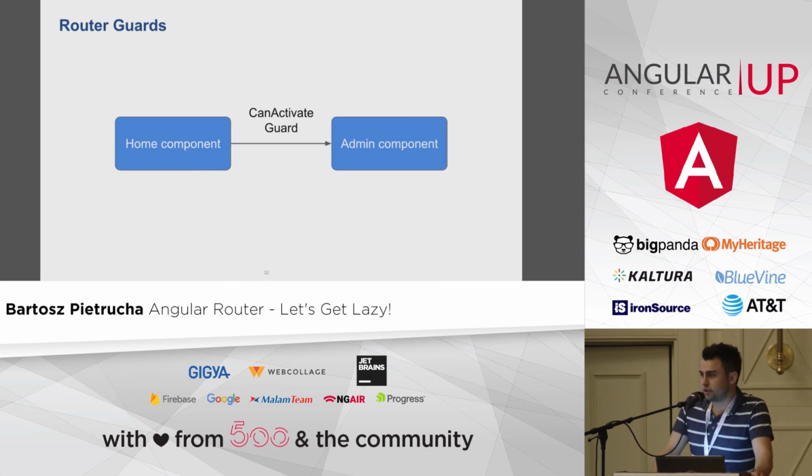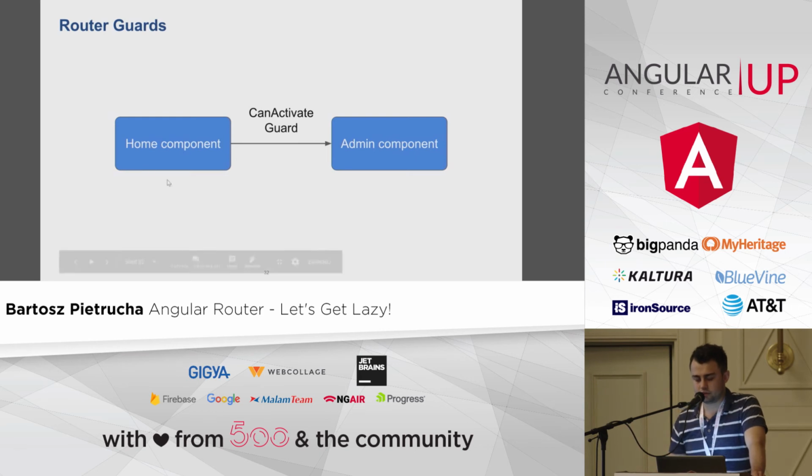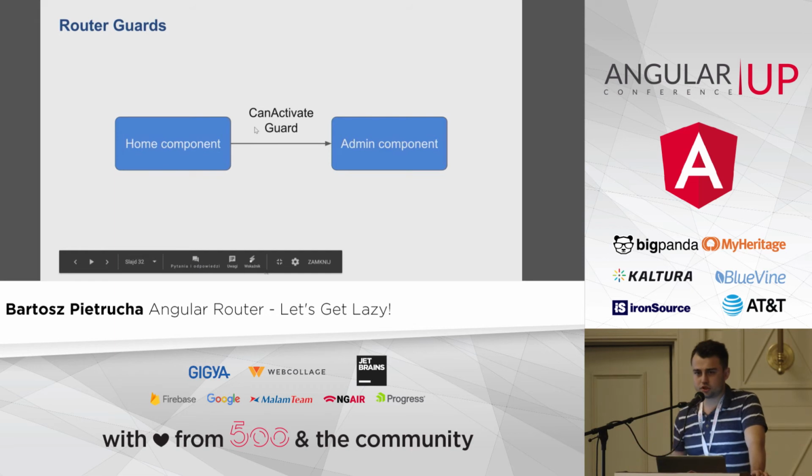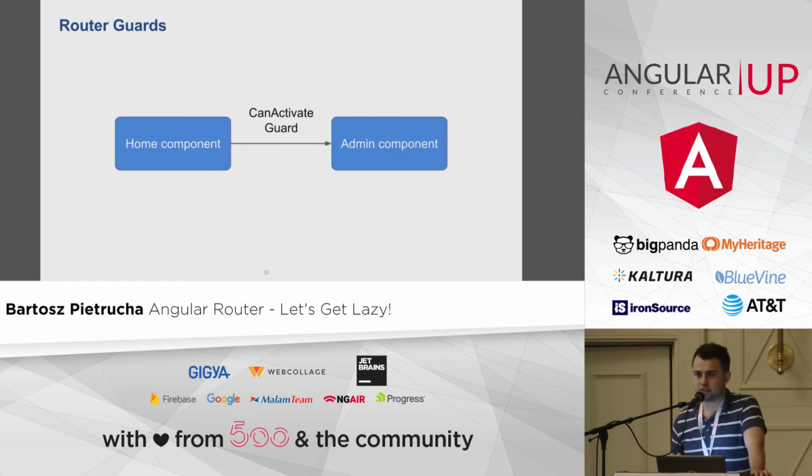So imagine that we have home component already loaded in our application, and somehow the user clicks the particular link or the button to switch to the admin component. And we can activate guard that would say if this transition could ever happen. And then we implement, for example, some security checks or whatever our application logic needs.